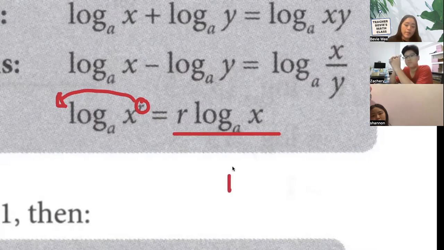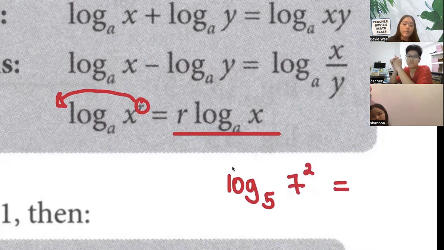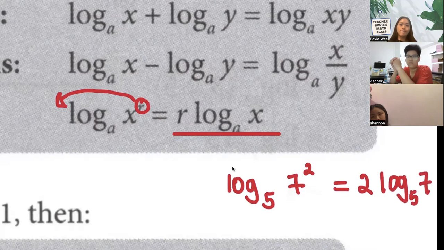If I have log base 5, 7 to the power of 2, I can rewrite this as 2 times log 5, 7. This is power law. So the power becomes the coefficient of the log. Yes, 2 times log 5, 7.